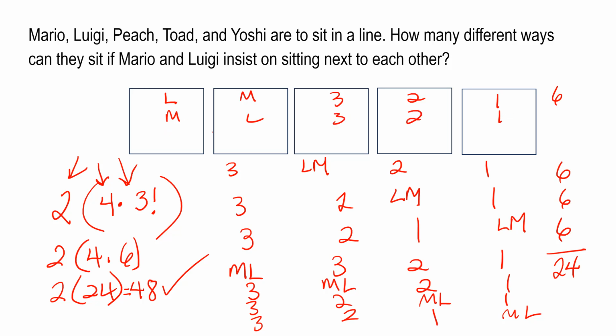You can have Mario and Luigi here, and then 3 times 2 times 1 for everybody else, and so on. If you want to go through and seat Mario and Luigi in all the ways they can be seated, it would take you a while, but you'd still get 48.